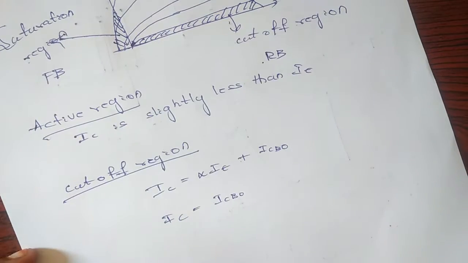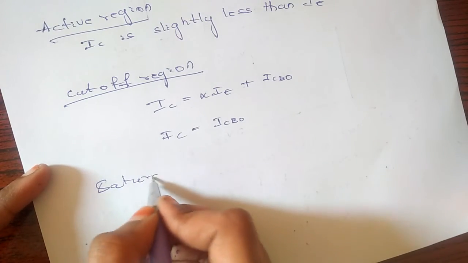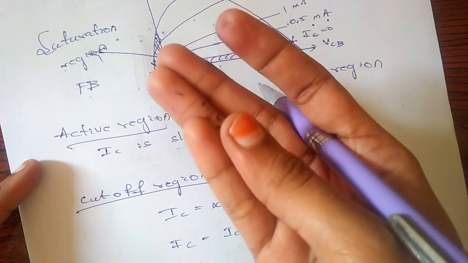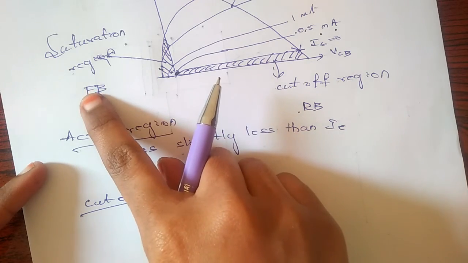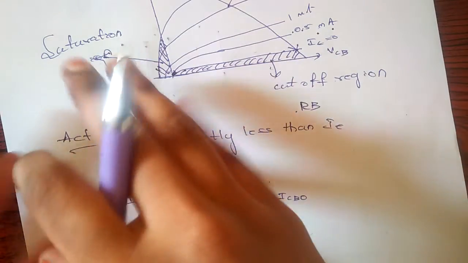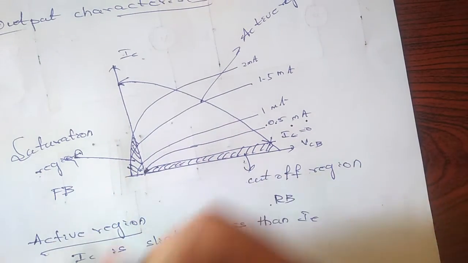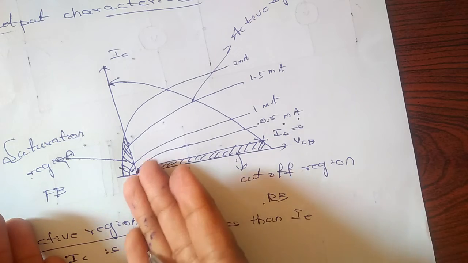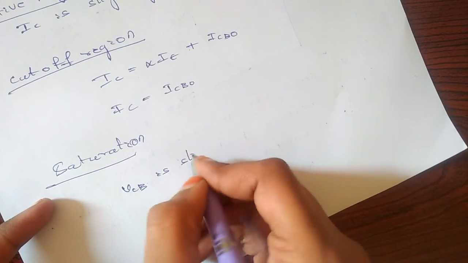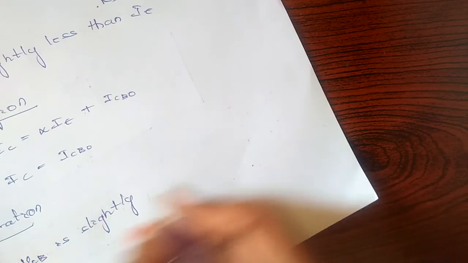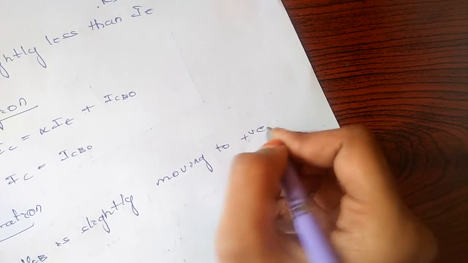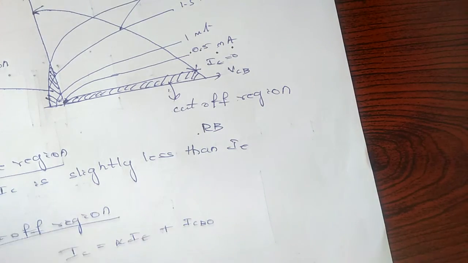In the saturation region, both junctions are forward biased, and that characteristic is obtained in this saturation region. In this region, VCB is slightly moving to the positive side. So this is about the input and output characteristics of CB configuration.